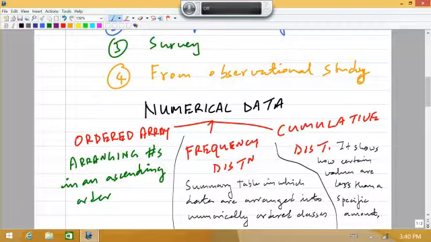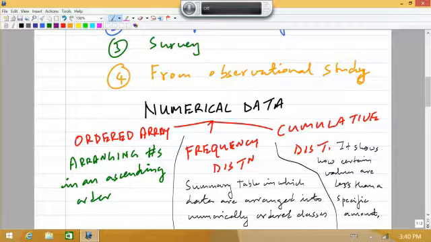The third way we also deal with numerical data is what is called cumulative distribution. Under cumulative distribution, basically cumulative distribution is a percentage distribution that provides a way of presenting information about the percentage of values that are less than a specific amount.